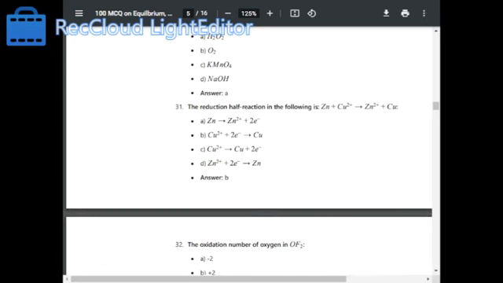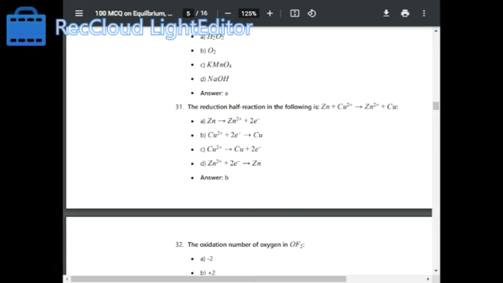Question number 31. The reduction half reaction of the following, Zn plus Cu2+ equals Zn2+ plus Cu. Option A, Zn equals Zn2+ plus 2e-.